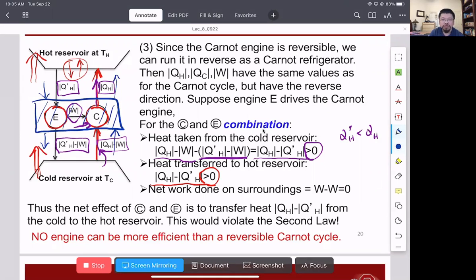No work is involved in the system, but with that system, we are able to receive some heat input from the cold reservoir, and we are going to dump the heat to the hot reservoir. That's the obvious violation of the second law of thermal.